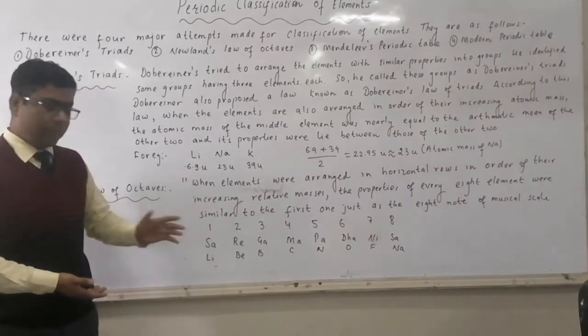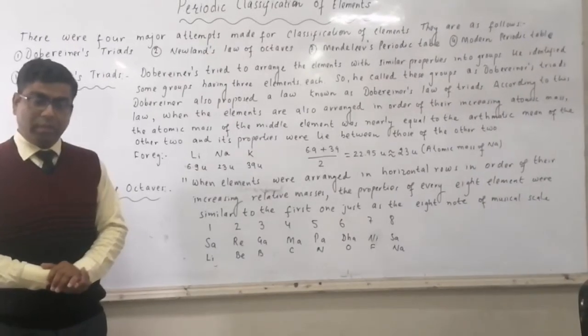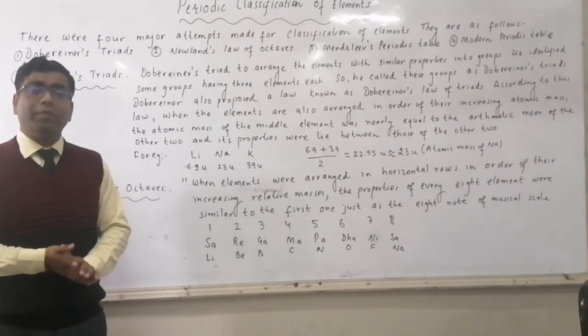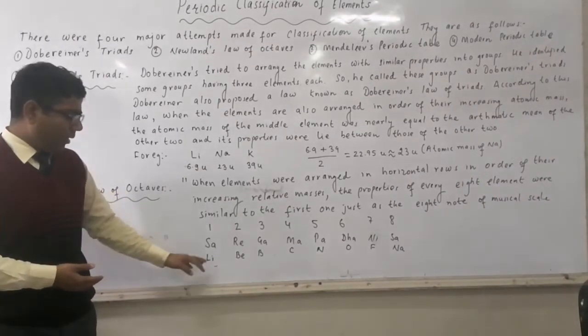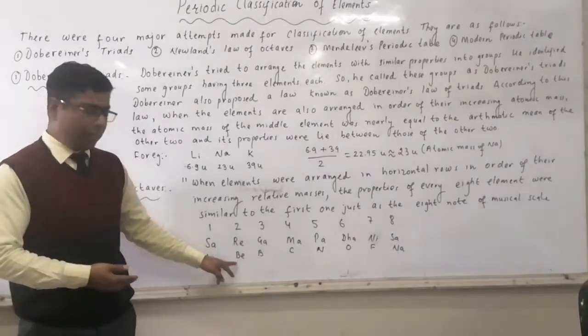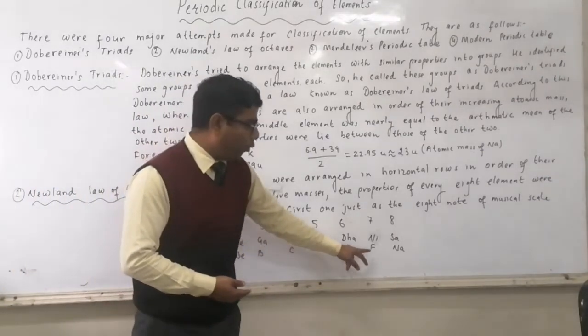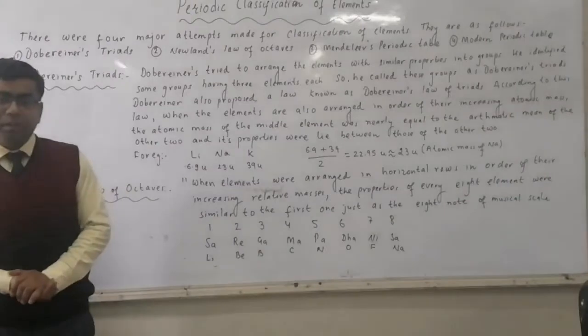So similarly, if elements are arranged in horizontal rows in the order of their increasing atomic mass, then here we have lithium, then beryllium, boron, carbon, nitrogen, oxygen, fluorine, then we have sodium.